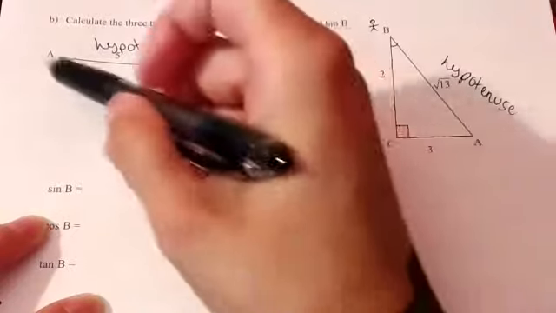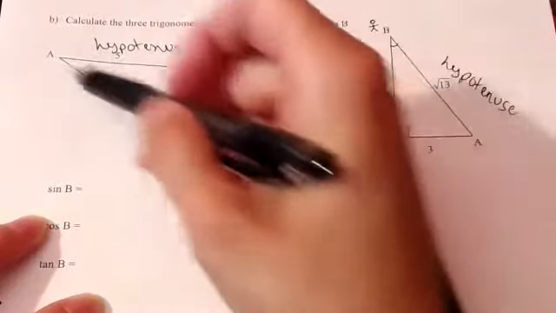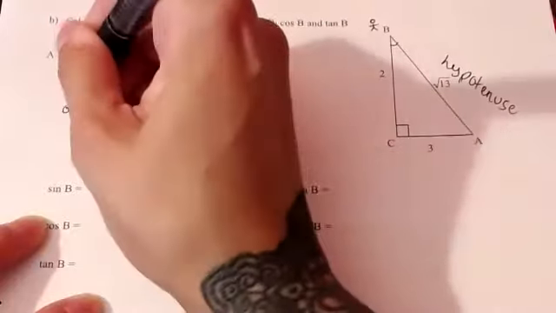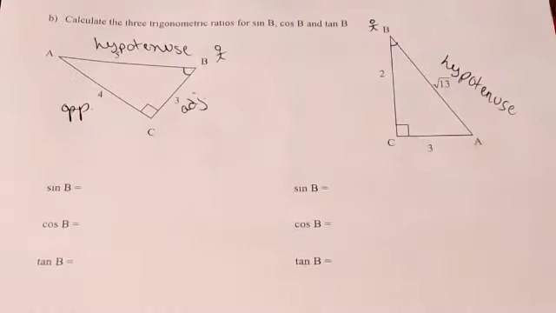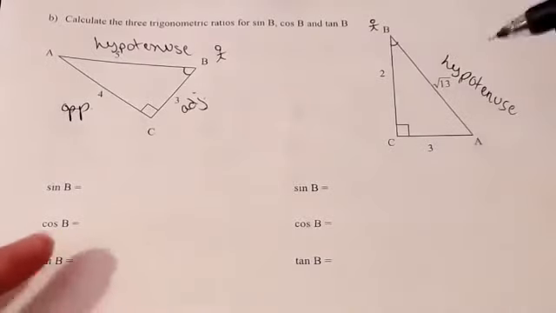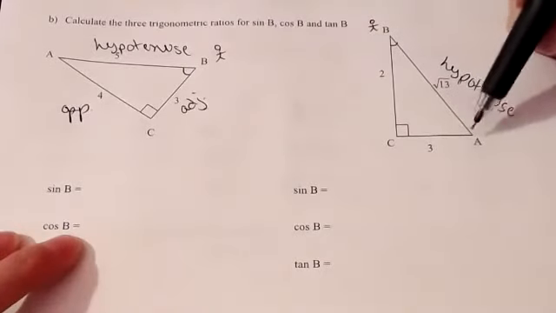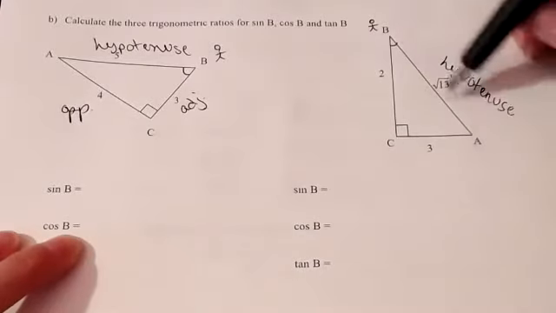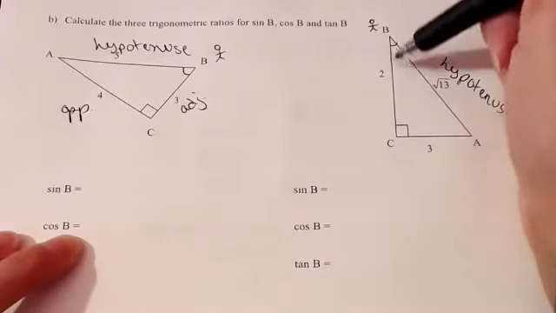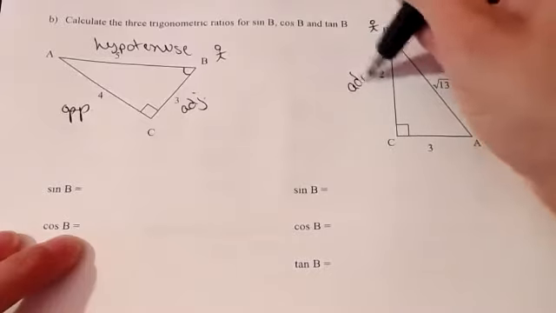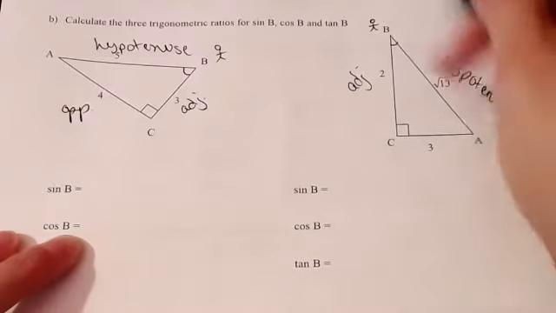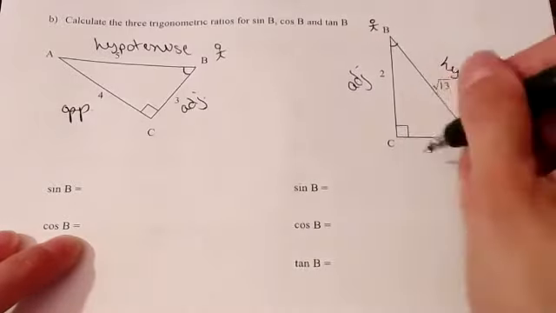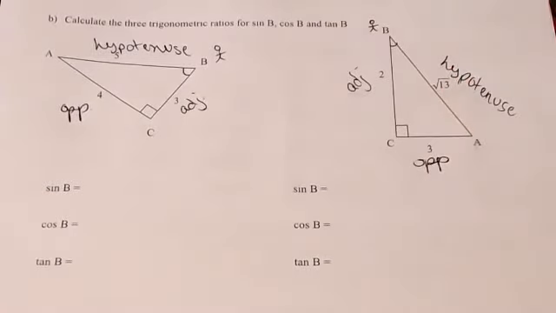The side opposite angle B, here's the side opposite angle B, is exactly that, opposite. With our second one, notice that angle B is made from AB and then BC. AB is your hypotenuse, and BC must then be adjacent, which means the side all the way across has to be opposite.